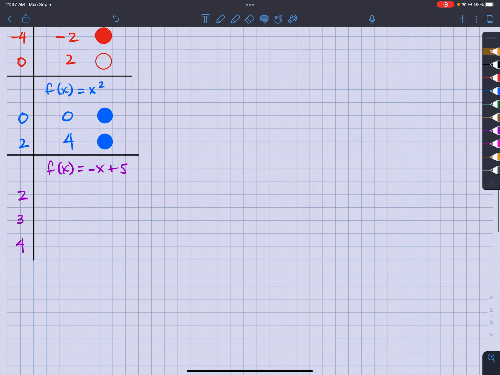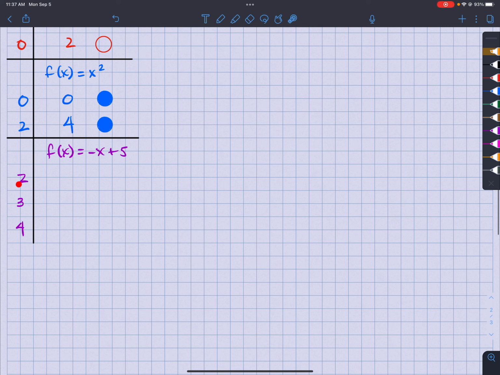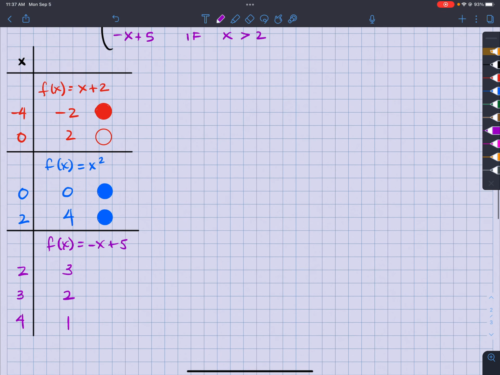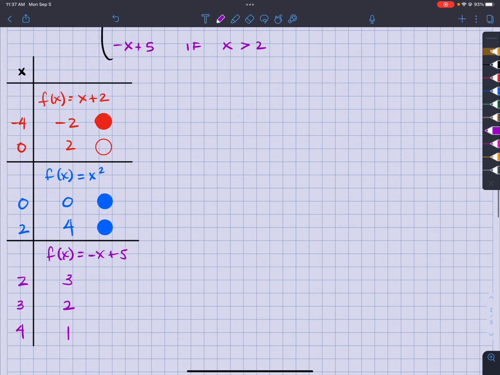Okay, so let's go ahead and plug in the 2 in for x, the 3 in for x, and the 4 in for x, and see what we get. When we plug the 2 in, it'll be -2 plus 5. 3 in there will be -3 plus 5. 4 in there, -4 plus 5, right? So this is going to be an open circle at 2.